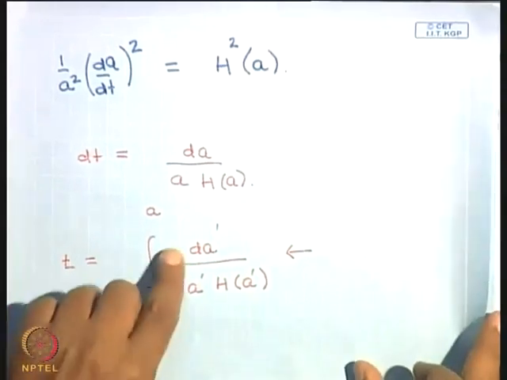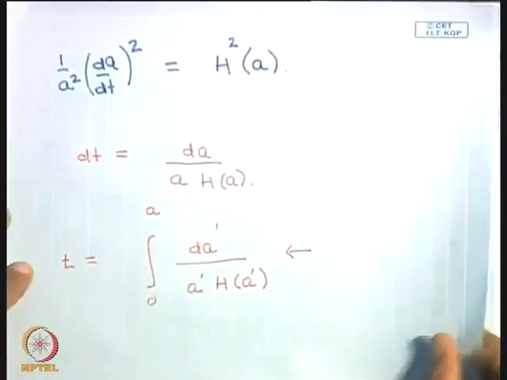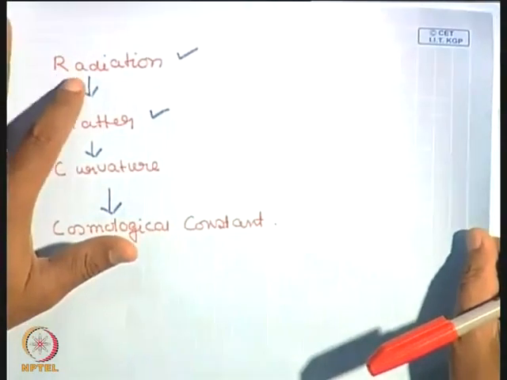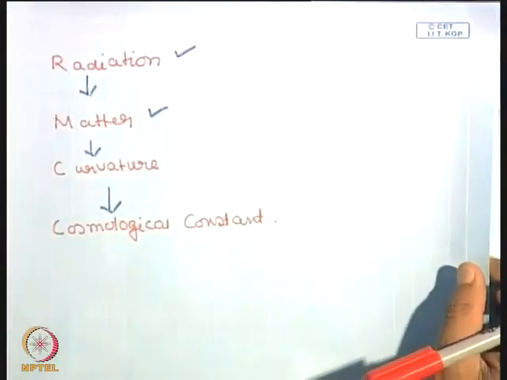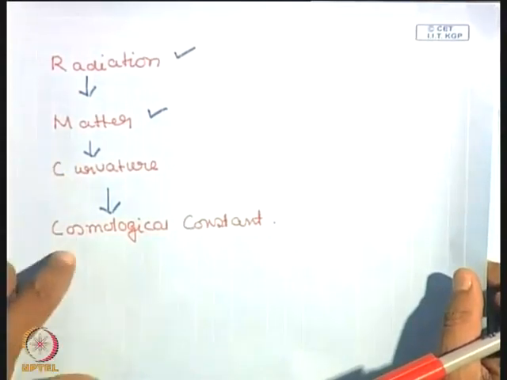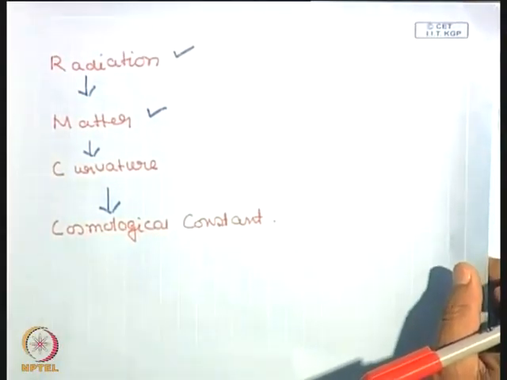Okay, that will give you t as a function of a, you can invert that. Let us do a few situations which are simple to get an idea of what happens. So we have learned that early in the universe is going to be radiation dominated. So let us look at the behavior in a situation where the matter, cosmological constant, curvature, all can be neglected.